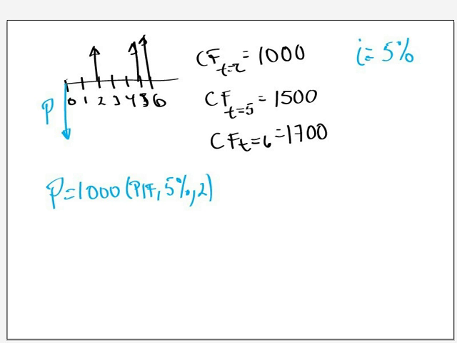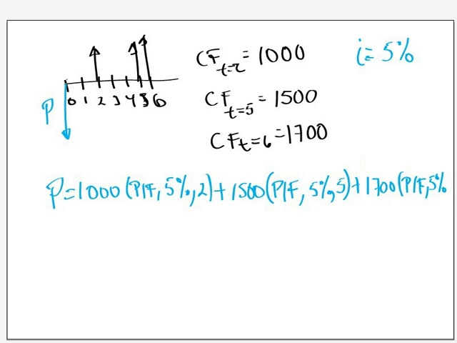Now on top of that, we want to receive also $1,500 at t equals 5. So we have the present value equivalent is 1,500 times P given F, also for 5% and 5 periods, plus 1,700 times P given F for 5% and 6 periods. So we can compute those numbers.